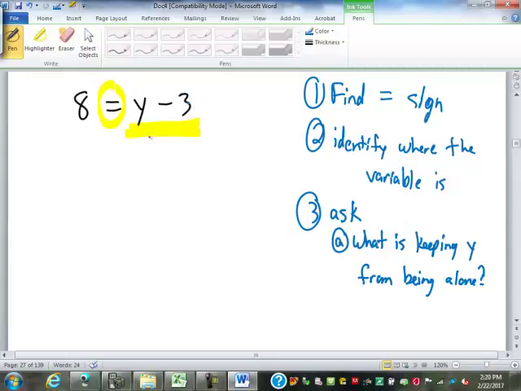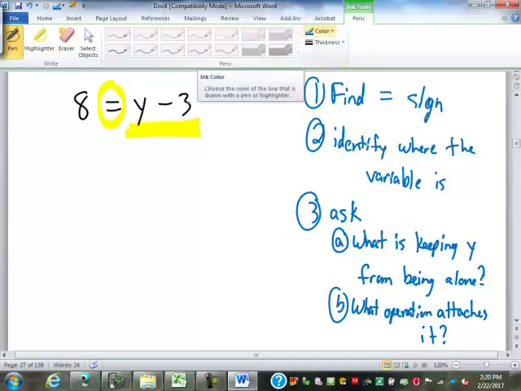It's the 3, yes. The second question is, what operation was used to attach it? The 3 was built onto the y by doing what? Was it multiplied, divided, added, or subtracted? The 3 was subtracted, right?